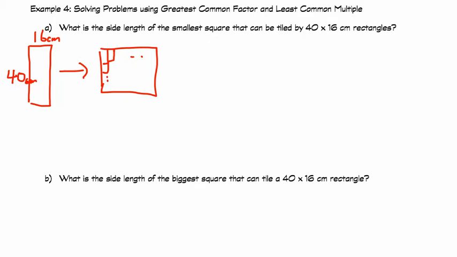So in other words, we want to find a number for the side length of this square that both 16 and 40 will go into. So that is the least common multiple.